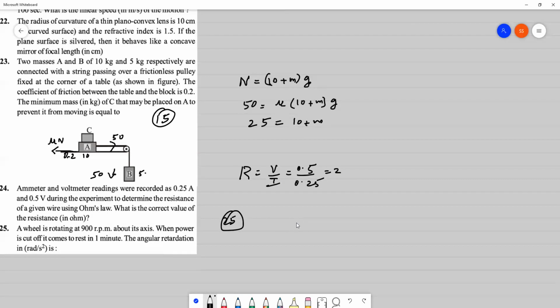25th question. The wheel is rotating at 900 RPM, revolutions per minute. That means the initial velocity is 900 into 2 pi divided by 60, converting into radians per second.